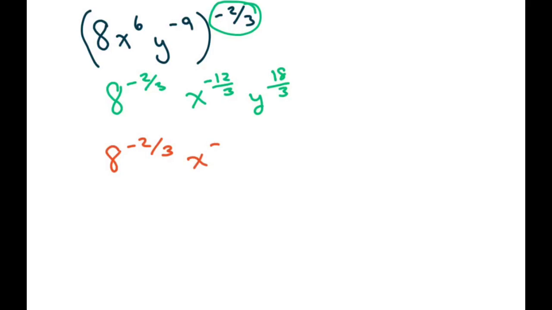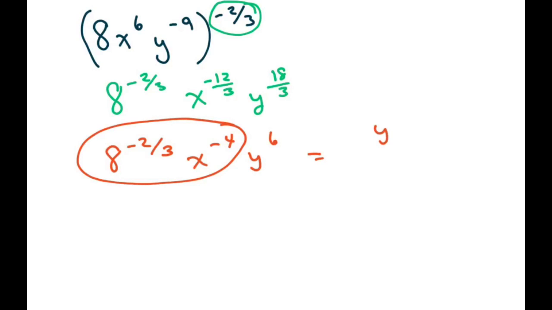This will be x to the negative 4 and y to the 6th. And so that means I can move these two down in the denominator because of the negative. So I have y to the 6th, and I'm going to go ahead and cube root my 8 squared. When I bring him down, the exponent goes away.